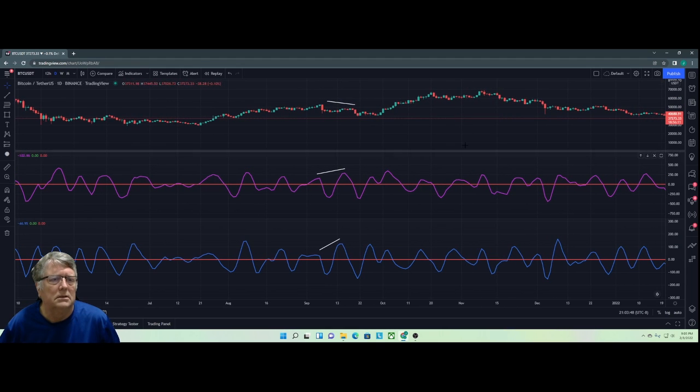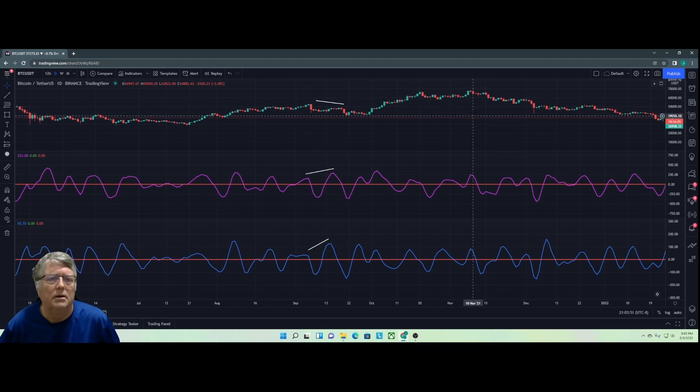Another case is, this was the top of the market of Bitcoin back in November 21, and the acceleration oscillator did not diverge with price, but the surge did slightly. So at this time, I was actually considering shorting the market, but because I'm in the United States, my exchange doesn't support it.